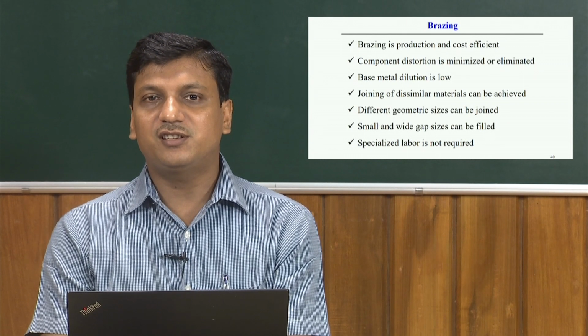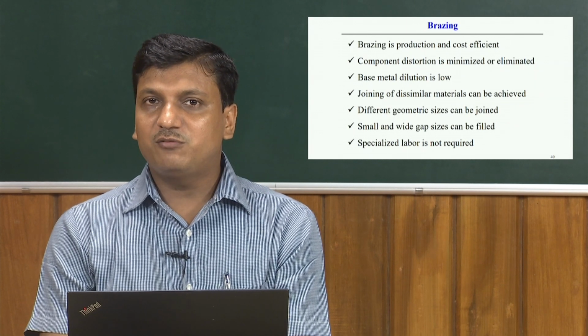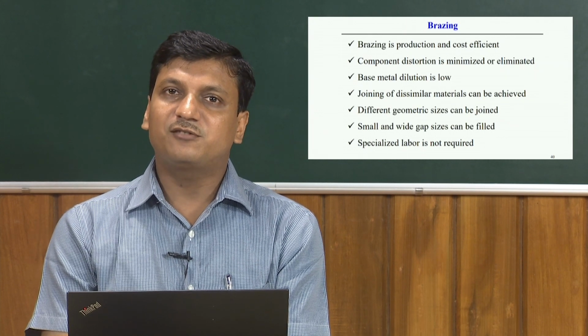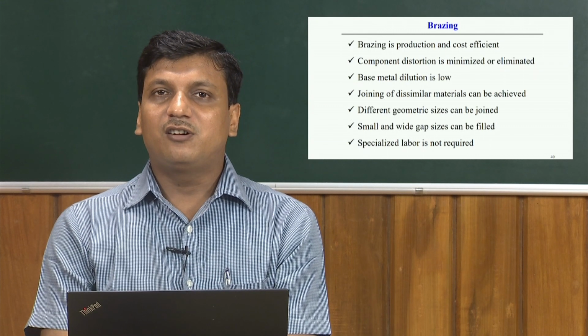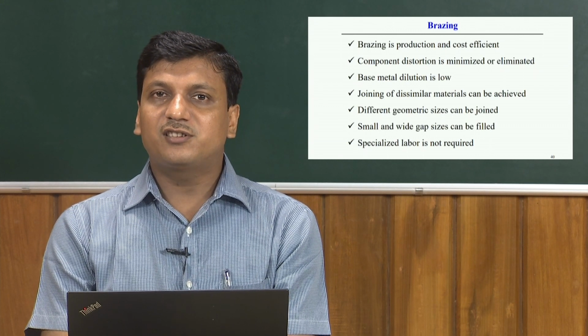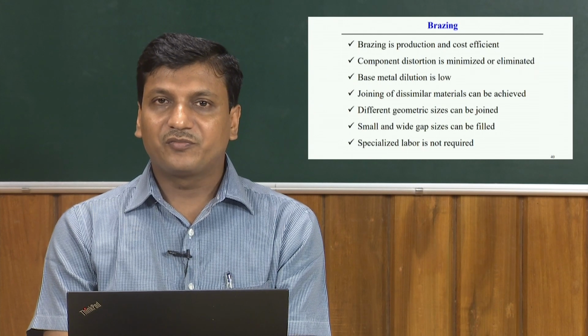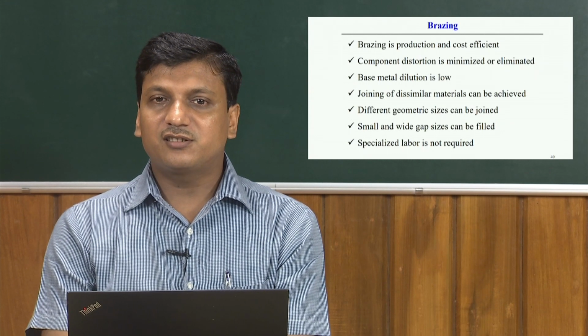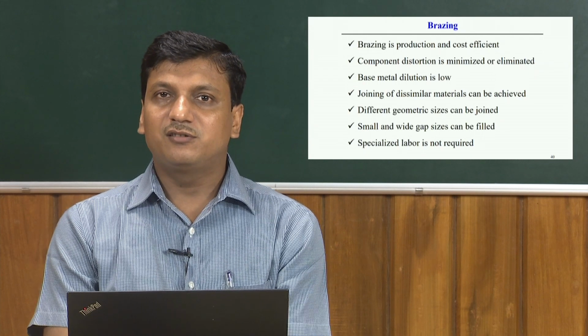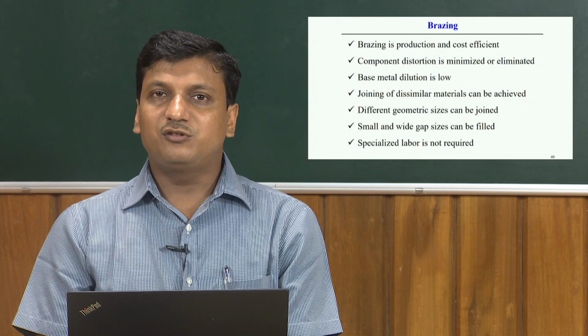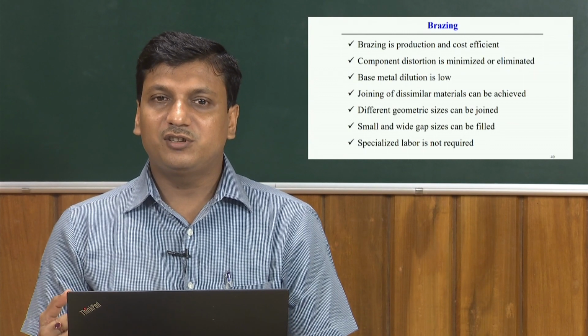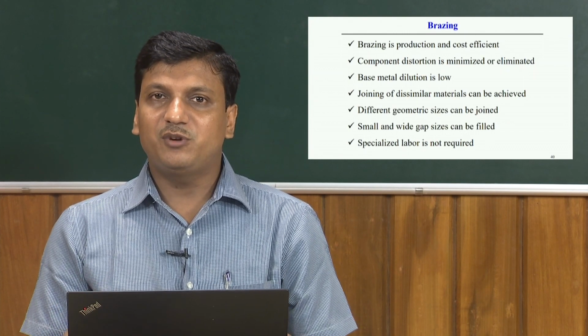Of course, in these cases the joint strength may not be as efficient as in fusion welding, where two dissimilar materials can be joined using other fusion welding processes. Different geometric sizes can be joined simply by using the filler material in the gap between the materials.